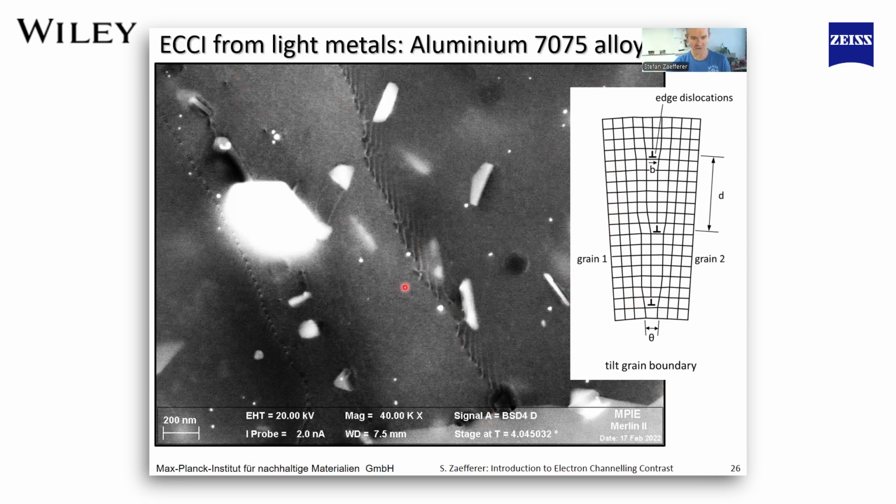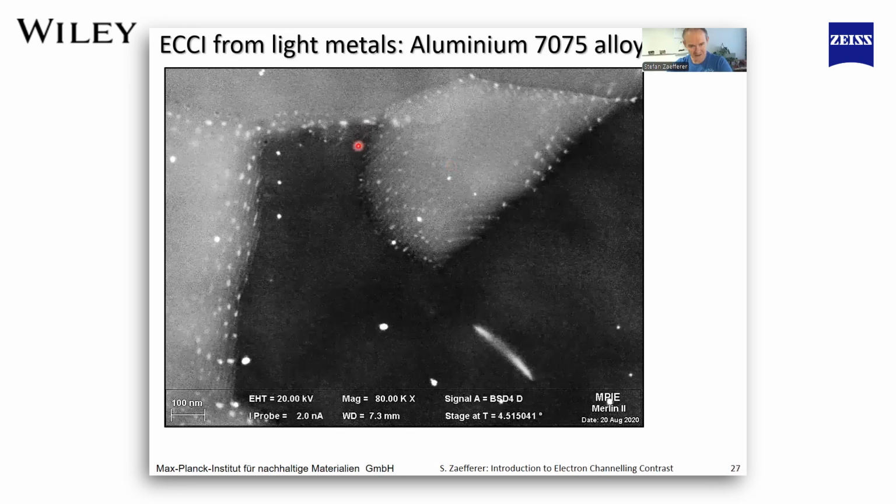So, we see this beautiful twist grain boundary, and here you see another subgrain boundary in the same material. This subgrain boundary is created by dislocations, and these dislocations are decorated by small precipitates nucleating on these dislocations.